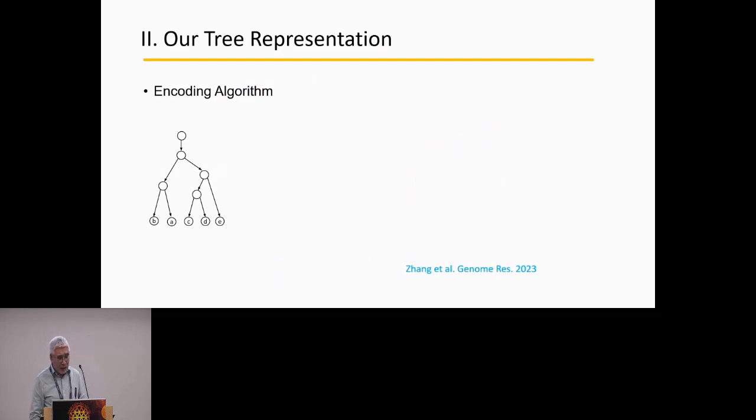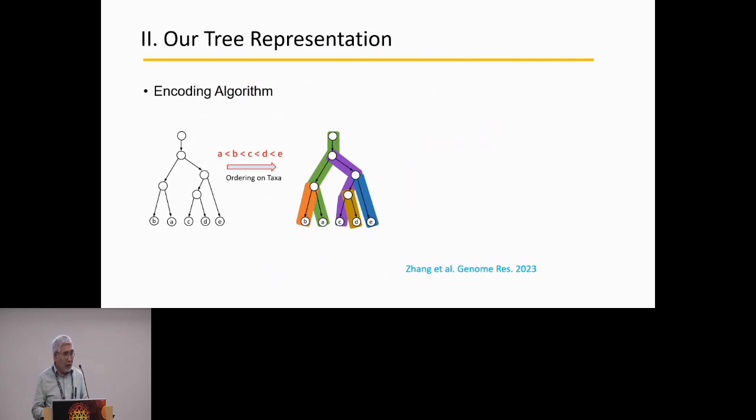Basically, we have this binary phylogenetic tree. If we have an ordering of the taxa, and we can take any ordering, for this example we take alphabetical order, then we can decompose the tree into disjoint paths. This is quite easy. We consider the smallest taxon first and move up from that leaf.